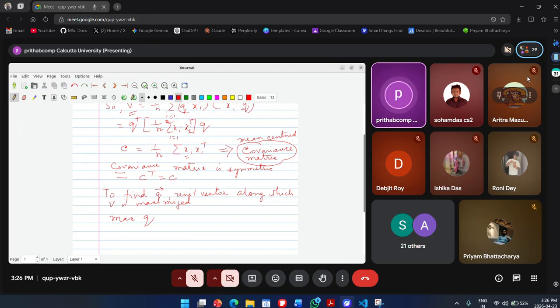So we want to maximize V. That comes out to be Q transpose into this entire thing, I'm calling it C, and then Q.